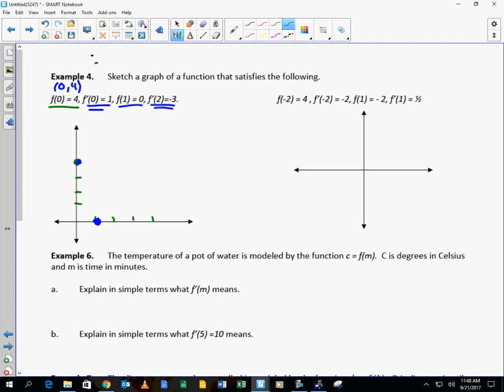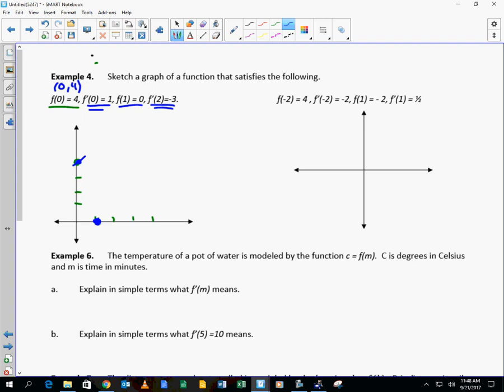Yeah, at 0, I have a slope of 1. So I'm just going to make a little sketch, just a little line that goes through this point 0, 4 that has a slope of approximately 1. You okay with that? So right now, this function has a slope of 1 right there. It passes through 0, 4, and it passes through 1, 0.